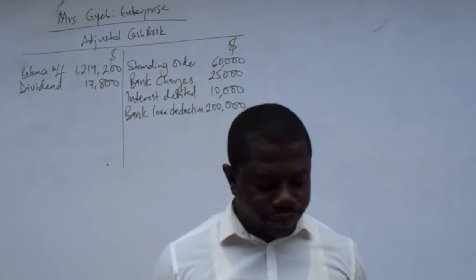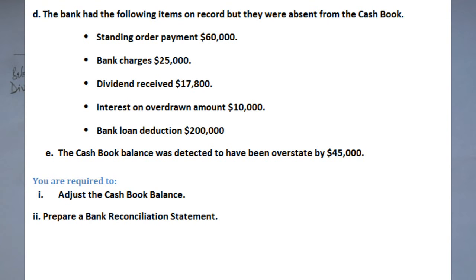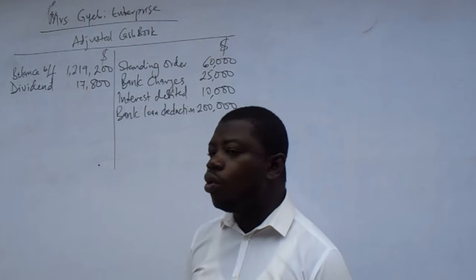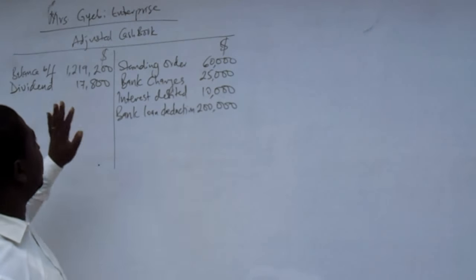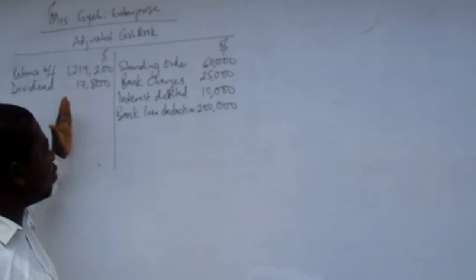Then we move to E, which is the final one. The cash book balance was detected to have been overstated by $45,000. And so when we say that the cash book balance is overstated, we know that this side is where the balance of the cash book is.